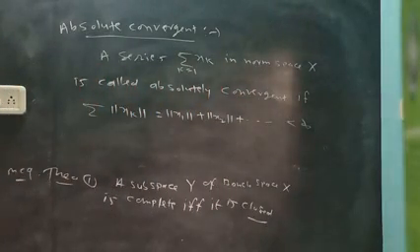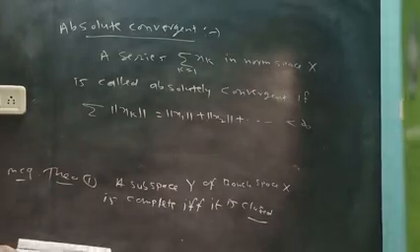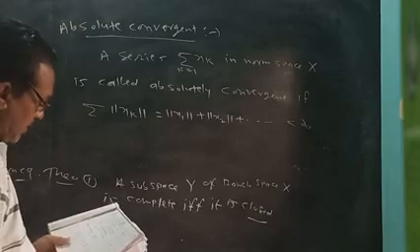Summation of norm of xk from 1 up to n will be less than infinity.